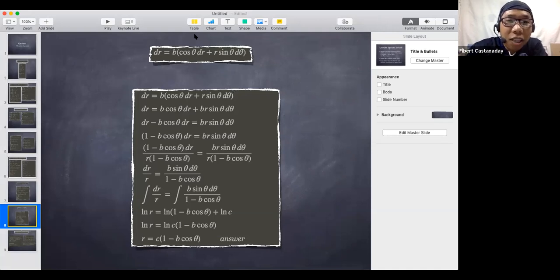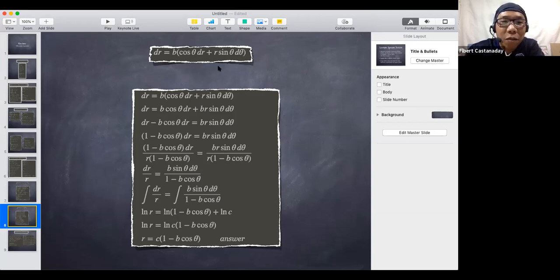B here is a constant, because we have differentials dr and d theta only. So the variables involved are theta and r. Other than that, the other letters that you can see in the problem are constants. When I give this in the exam, there's a sure person that will mess this up. Anyway, I hope it will not happen to you.